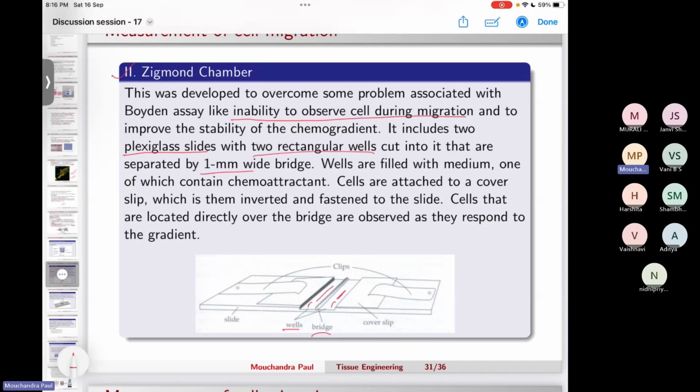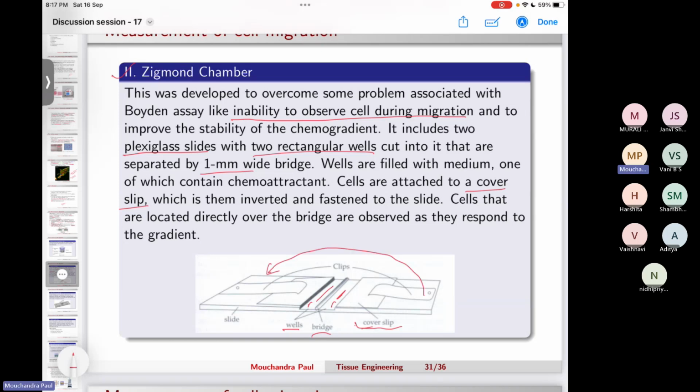So this is the slide. The cells are attached to a cover slip, which is then inverted and fastened to the slide. The cover slip has some protein coating, like gelatin coating, on which the cells can adhere. Once the cells have adhered on the cover slip, using the clips, they invert it.